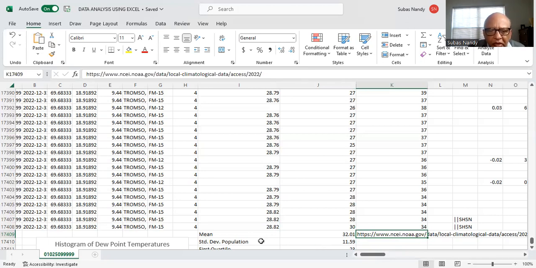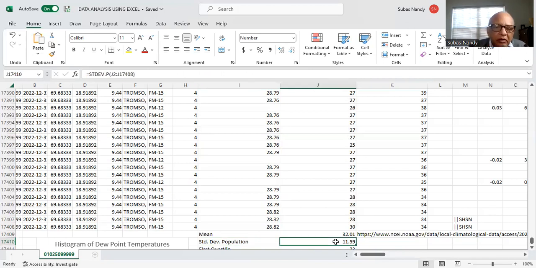Now, of course, this is a population for the whole year, and I want to find out the standard deviation of the population. So I highlight the cell, in this case J17,410, where I want to calculate it, and the formula for this is, always in Excel, equal to STDEV dot P. When you type STDEV, it will give you dot S and dot P. Dot S means sample, dot P is population.